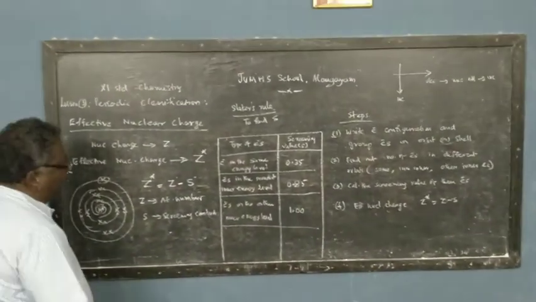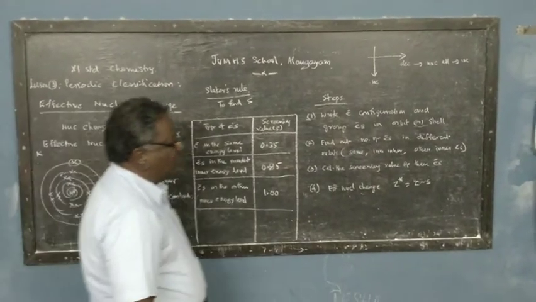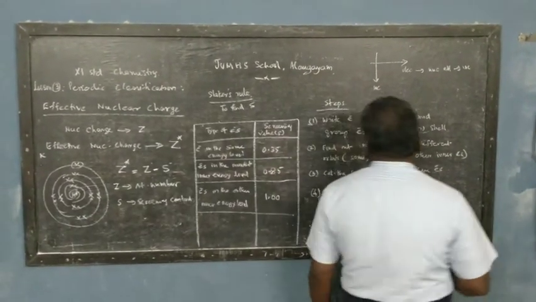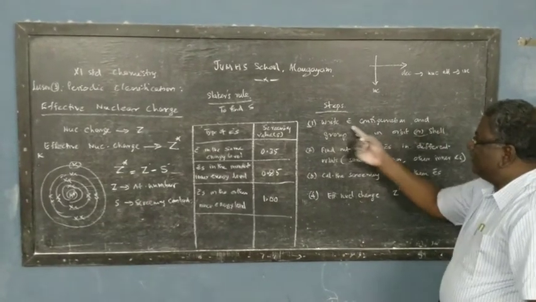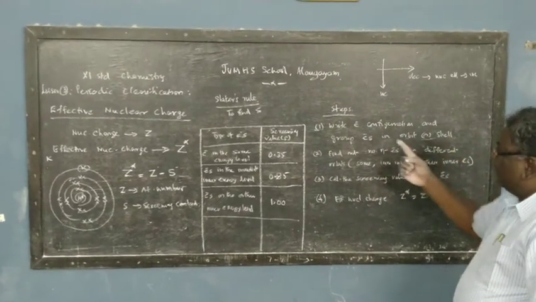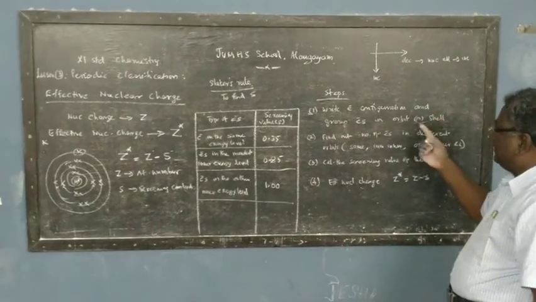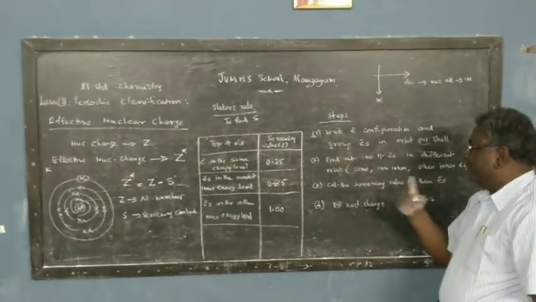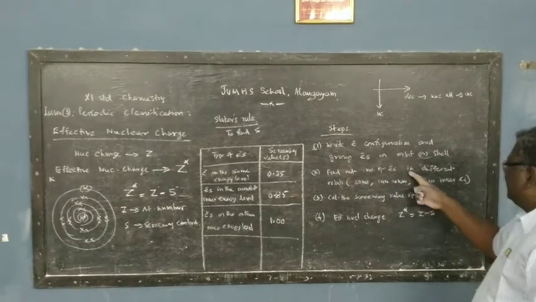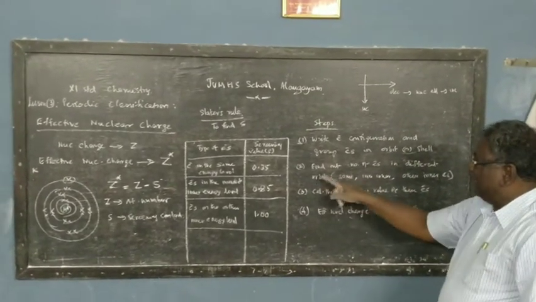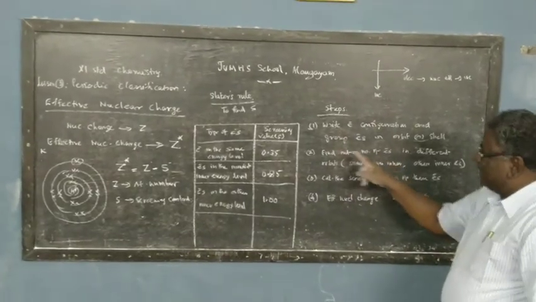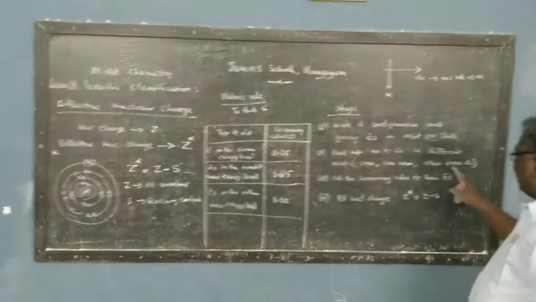Therefore, to find out the effective nuclear charge, what are the steps we have to do? First, you have to write the electronic configuration. After that, group the electrons in the different orbits and different shells, and find out the electrons in different levels or orbits. Find out how many electrons are in the same level, how many in the immediate inner level, and how many other inner electrons.